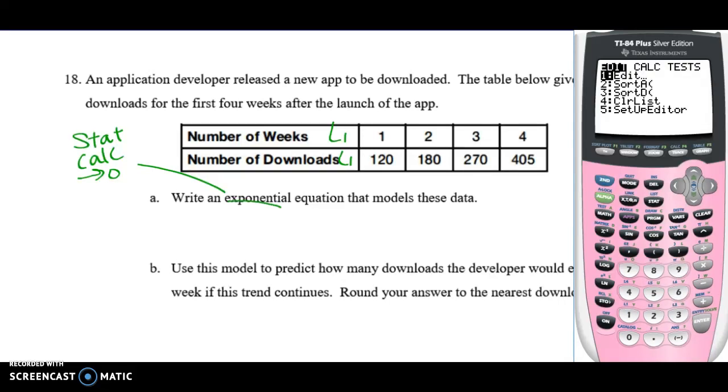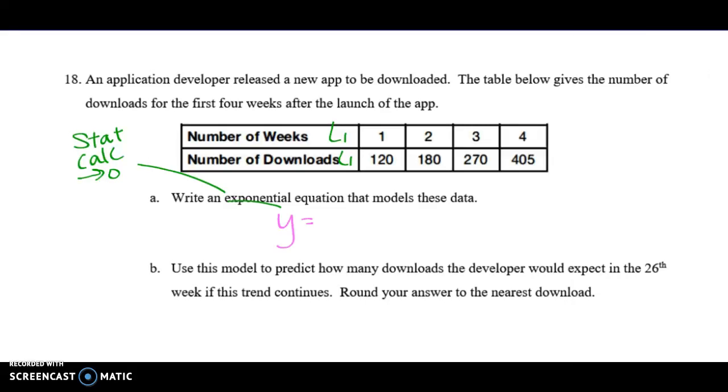Then stat calc 0, exponential regression. Make it calculate. They didn't give us much information, but luckily these are all rounded, so you don't have to worry about it. So y is equal to 80 times 1.5 to the x.